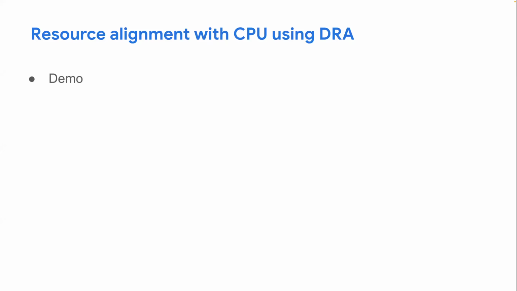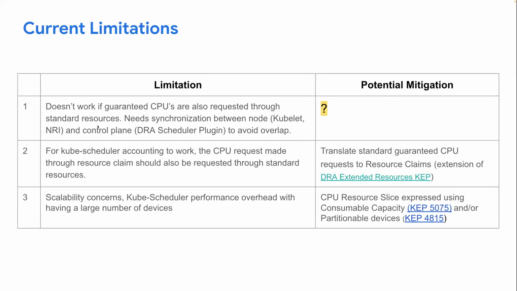Okay, if I can go back to the slides, this is one thing that I captured as a limitation. It currently doesn't work if the kubelet policies are enabled. This is one of the key things that we need to get alignment on: eventually how a CPU DRA driver and kubelet standard resources should work together.